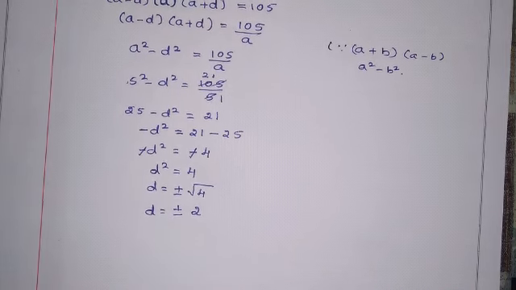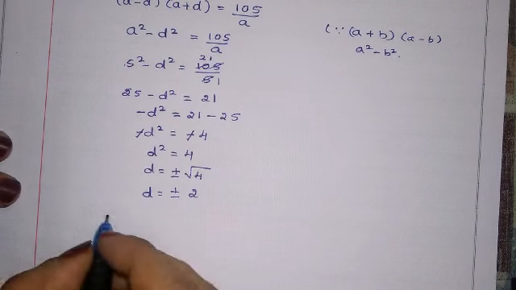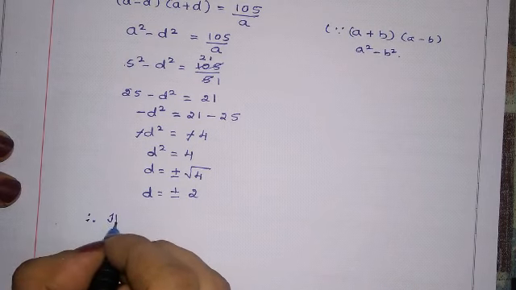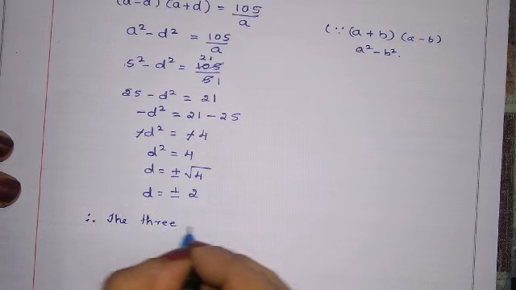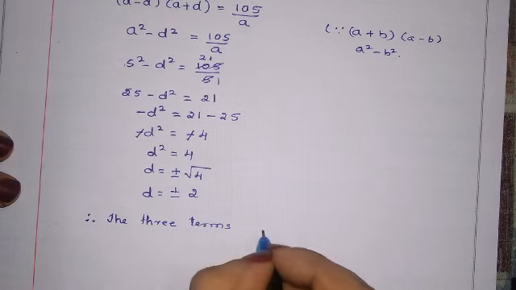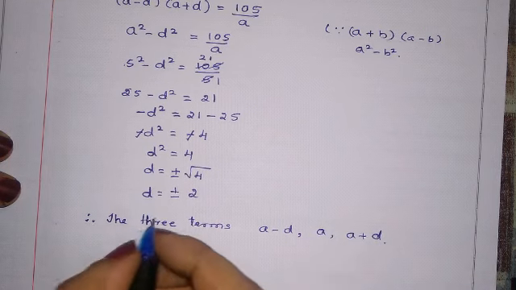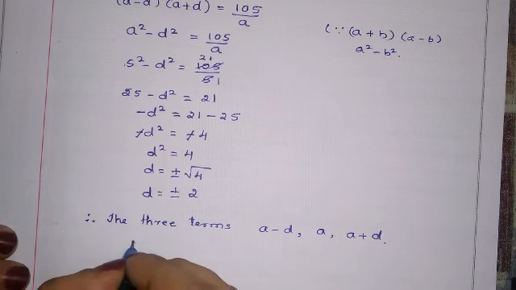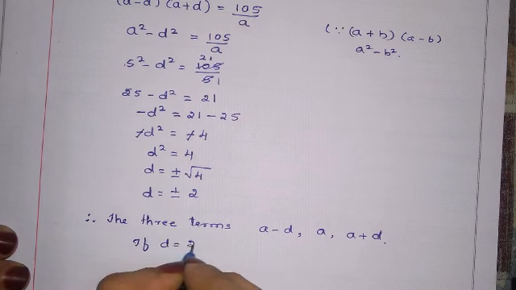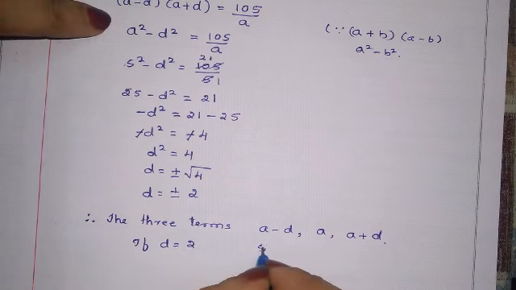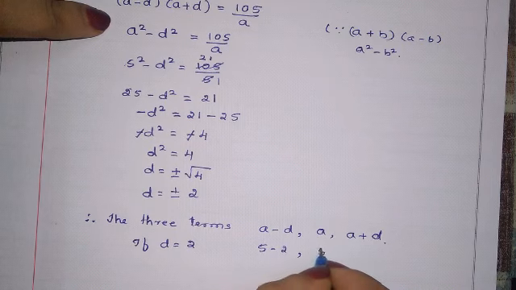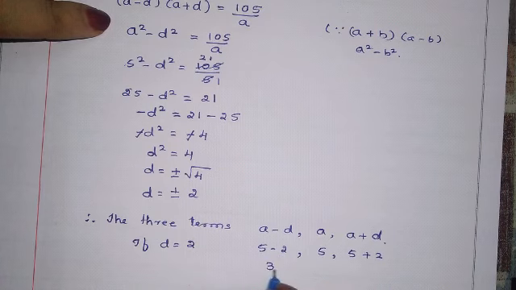Now let us find the three terms. Therefore the three terms are the same terms, a minus d, a, a plus d. But here we have the value of d as 2. If d is equal to 2, a is 5 only. 5 minus 2, comma 5, comma 5 plus 2. 5 minus 2 is 3, 5 and 7. If d is equal to 2.